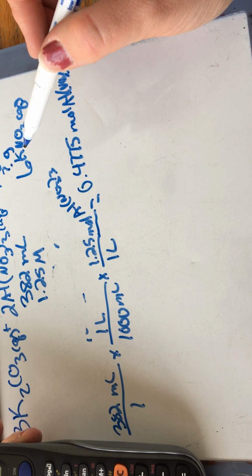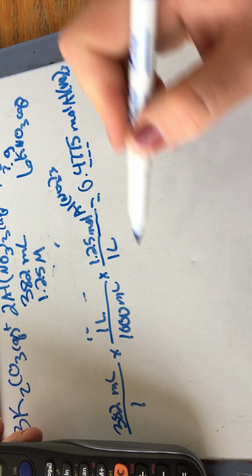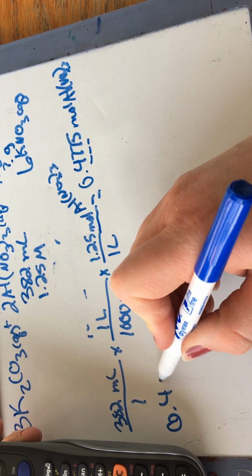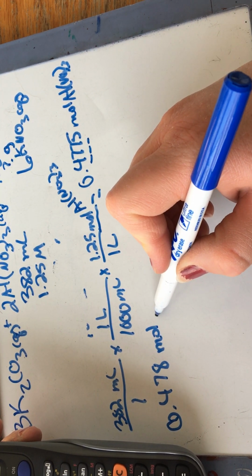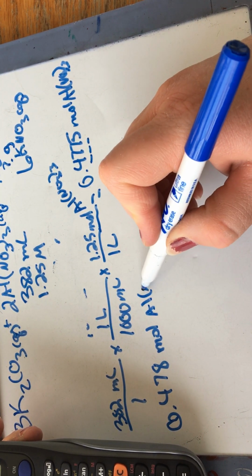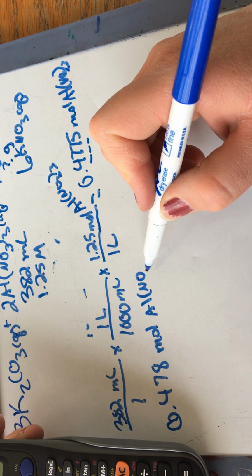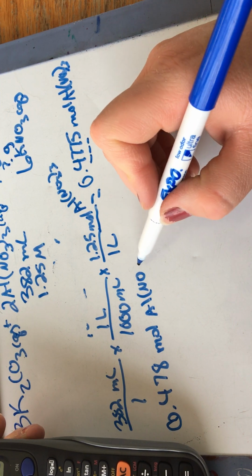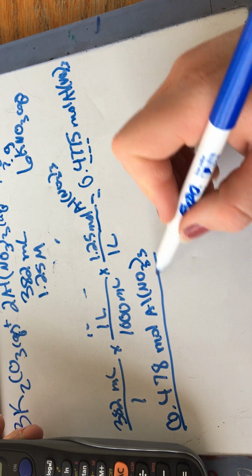So this is 3, so let's stick with 3. 1, 2, 3. So let's do 0.478 mole aluminum, is it nitrate, right? I think so, nitrate. And we'll put that over 1.